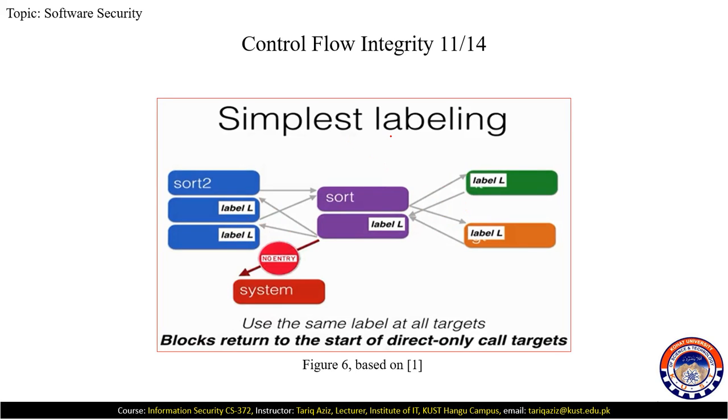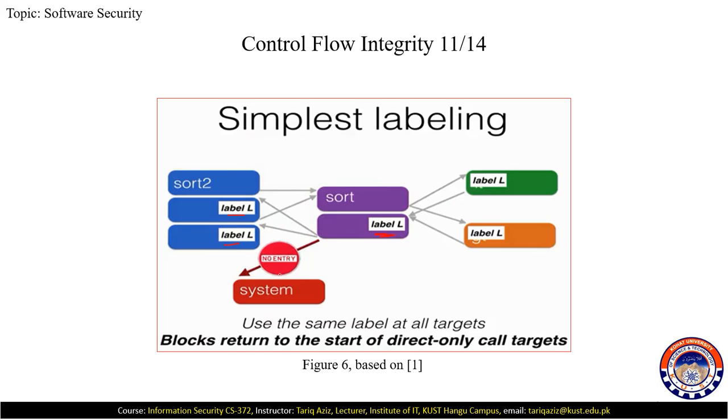Now, dear students, the problem is that if the return value is towards the intended destination, then okay, no problem, because this value is returned here. This value returns here, and the value from this function also returns here, and also the value from the sort function returns here.